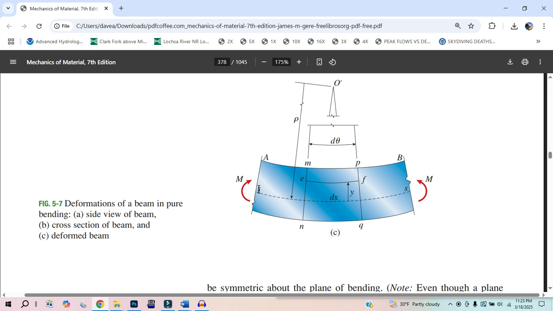But actually, not really, because the whole derivation of this is you're going to take this moment, so let's talk this through. Let's say this moment is just a force at A going this way, and then a force down here going this way. You know what I mean? That moment would have this clockwise direction.